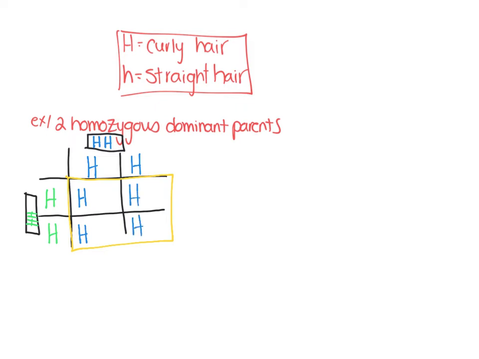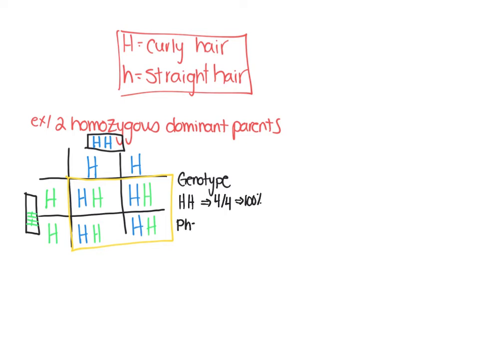And then we're also going to bring the green big H's in, showing the combination from each parent. So if I were to look at the genotype here, the only kind of genotype I get in my offspring is big H, big H. And I get 4 out of my 4 options are this way, so that means that's 100%.